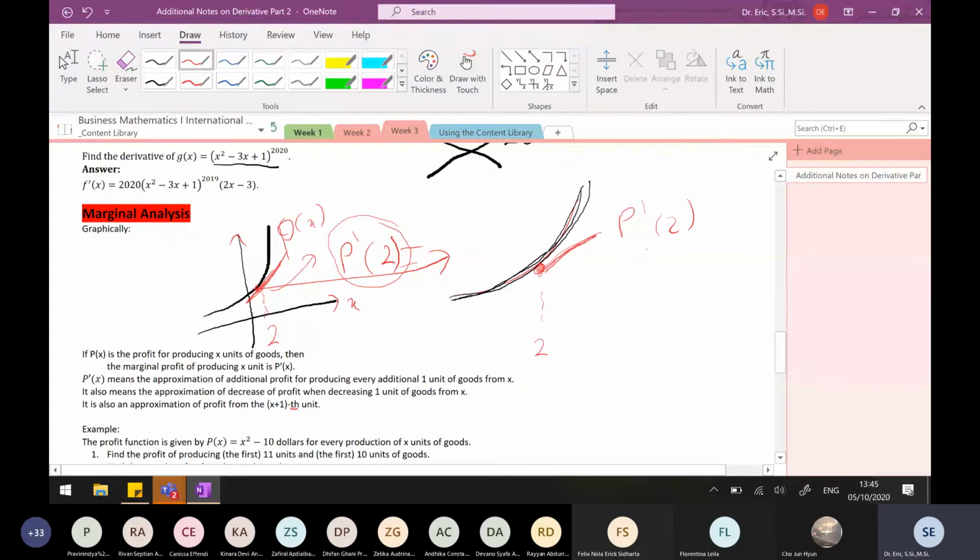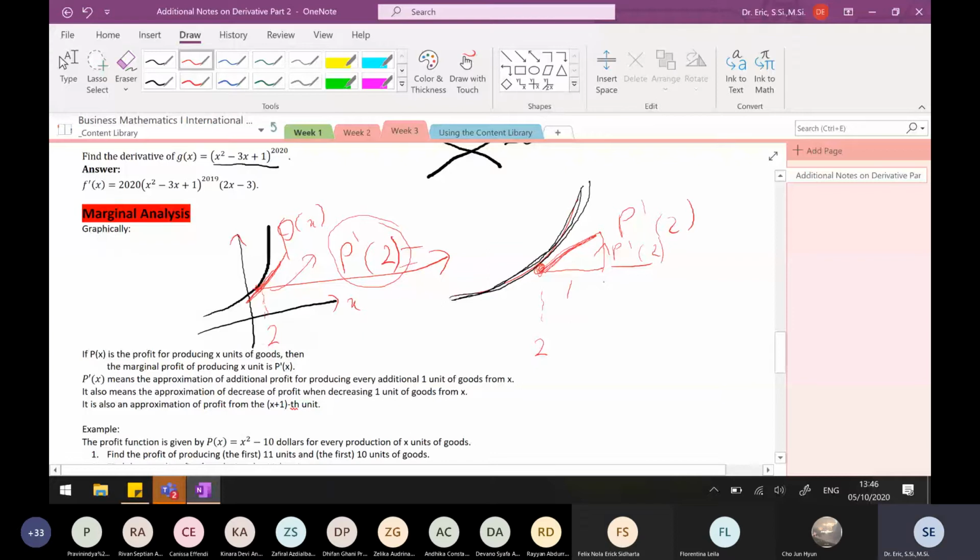What does P prime 2 mean? It means when I go 1, you go up by P prime 2, whatever P prime 2 is. It is the additional profit, because this is the profit axis. This is the quantity axis.